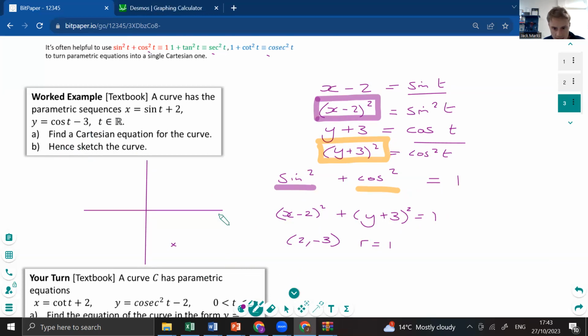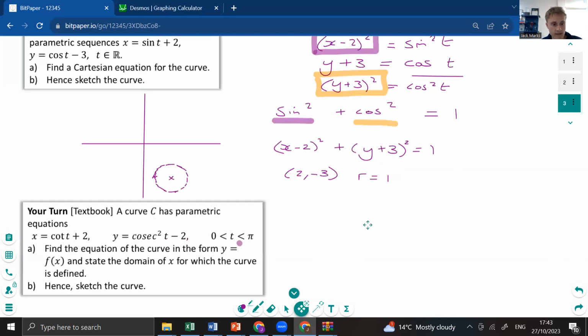And in terms of drawing a circle, you would just make sure that it doesn't cross the axis. So you would draw your circle sort of there somewhere, and you would mark the center. Okay, that's all you have to do for that one. The trick is you've got to identify that an identity is the way to remove the third parameter from the question. Let's have a go at another one.